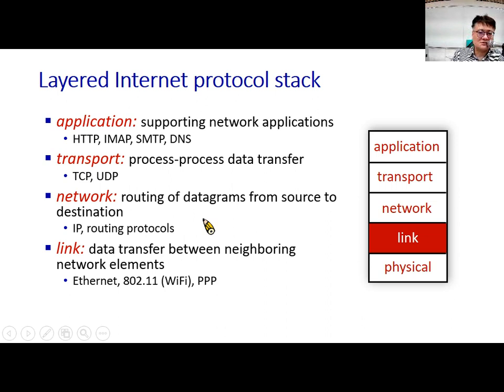Then we define the link layer. The link layer is actually data transfer between neighboring network elements, over the physical layer, like Ethernet, right?